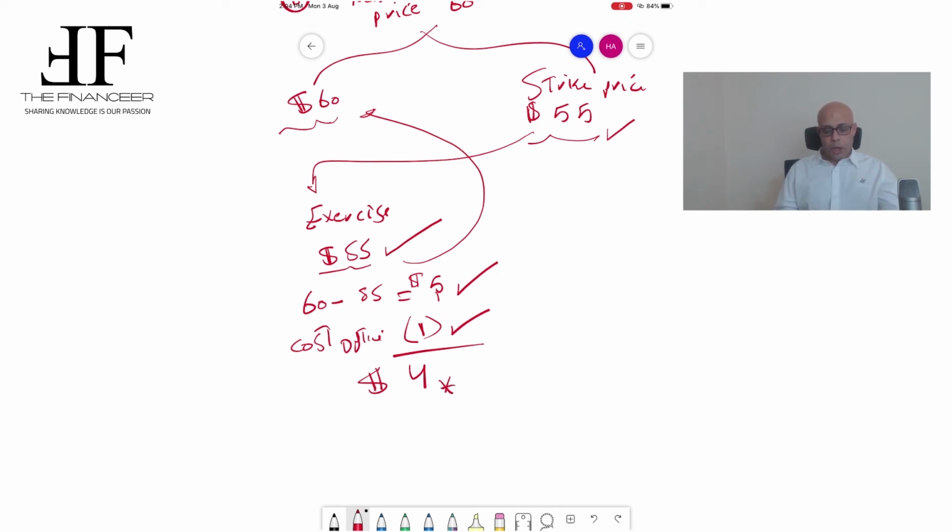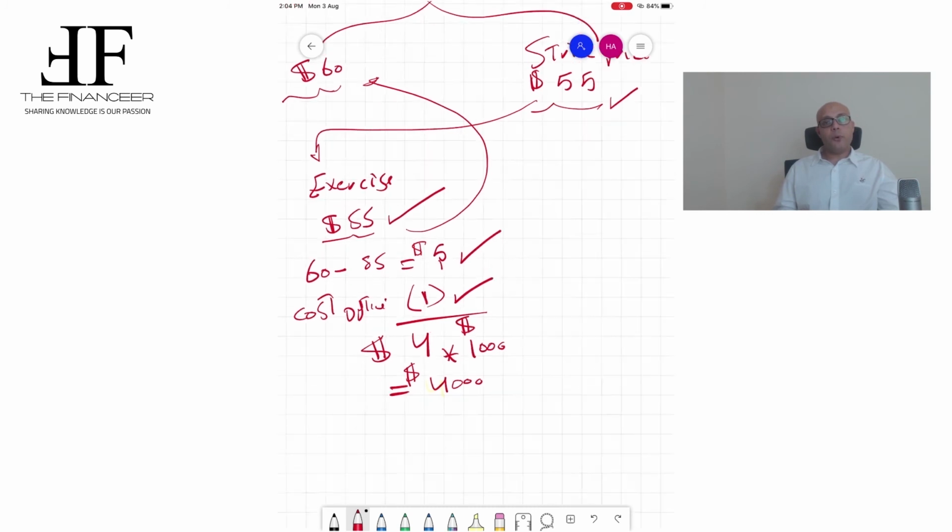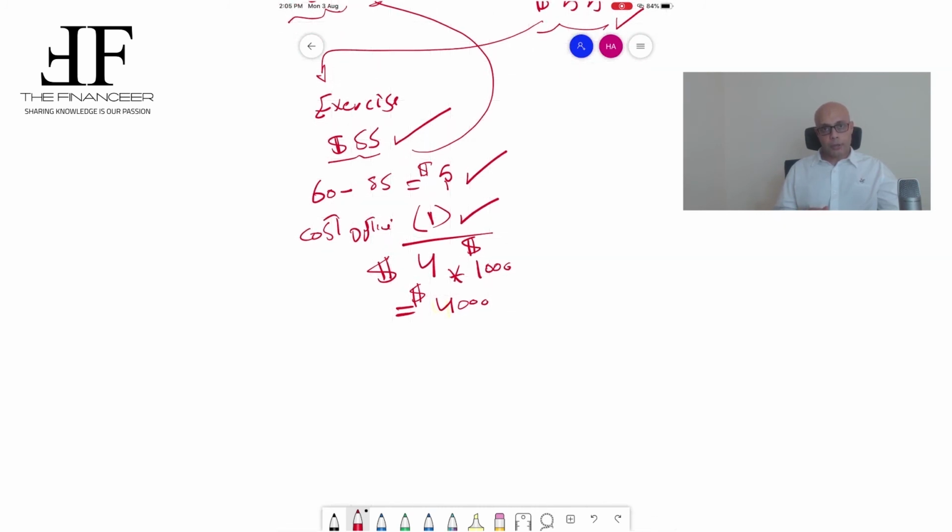If you multiply by 1,000, the total gain for the buyer will be $4,000. How much investment did the buyer pay in the beginning? The investment he paid in the beginning to acquire this contract is $1,000.